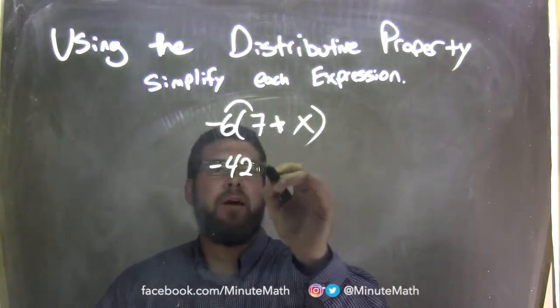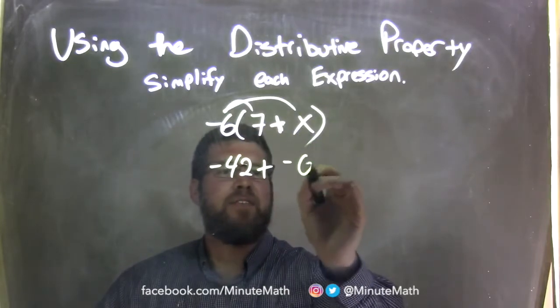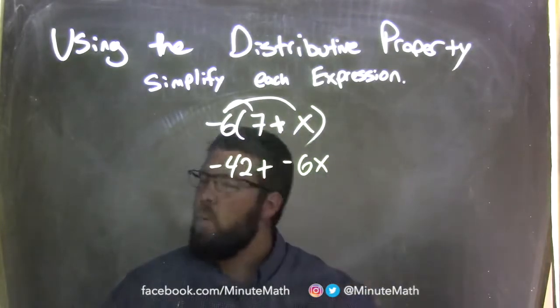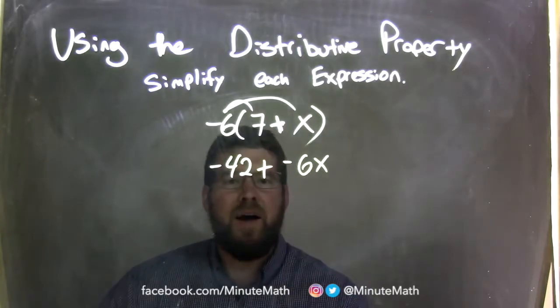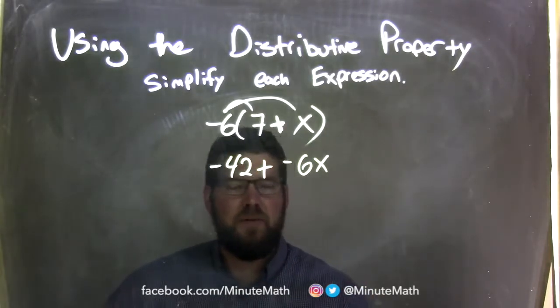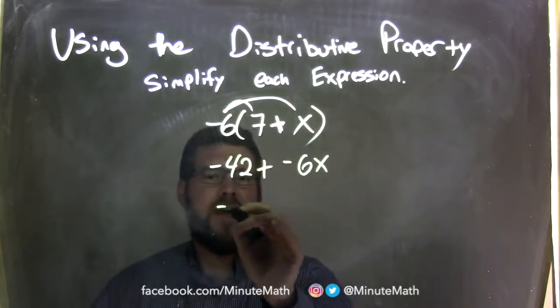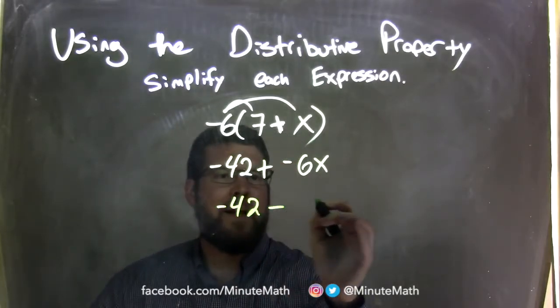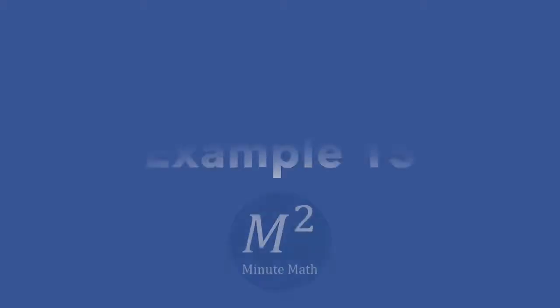Now we have the plus sign that comes down. Negative 6 times x is a negative 6x. But we're not done. We have a plus and negative, so we can simplify that knowing that it's a subtraction sign, right? Plus and negative is just a subtraction, and that looks cleaner. So we have negative 42 minus 6x, and that is our final answer.